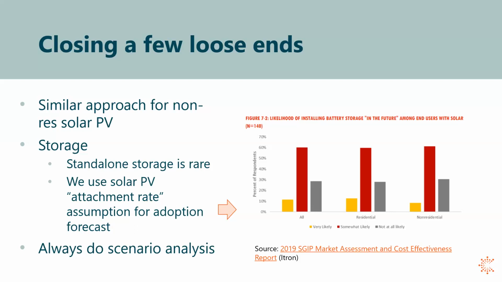At a minimum, I'll show a low adoption scenario and a high adoption scenario to bookend what I think the uncertainty might look like. I think that's an important part of what we do in terms of forecasting. So that covers the solar and storage space. I'm running rather short in time, so there'll be plenty of time for questions afterwards.